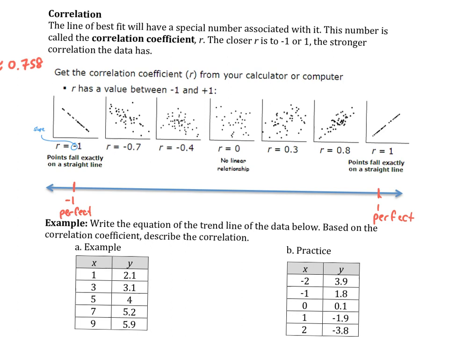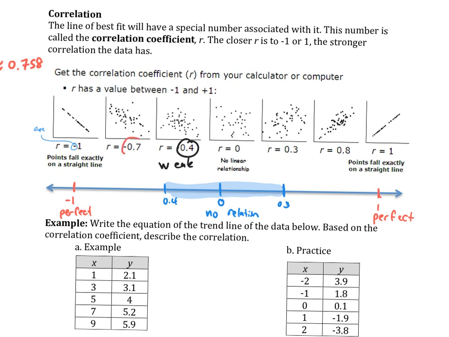Notice if we were at 0 here, we would have no relationship. In fact, that can extend all the way out here, because if we're at 0.3 or something like that, we're not really going to have much of a relationship at all. Now, at 0.4, it's a weak relationship. So 0.4 negative or 0.4 positive.